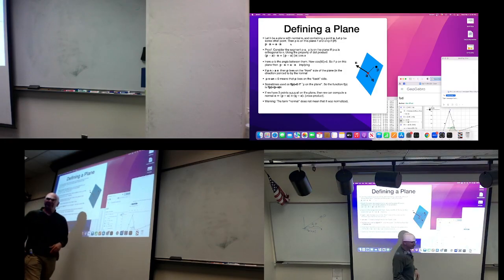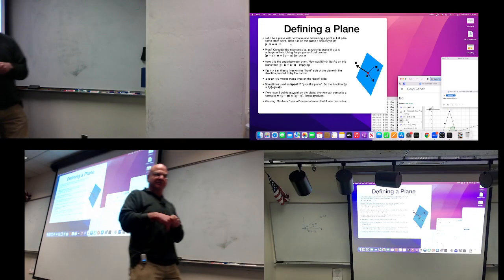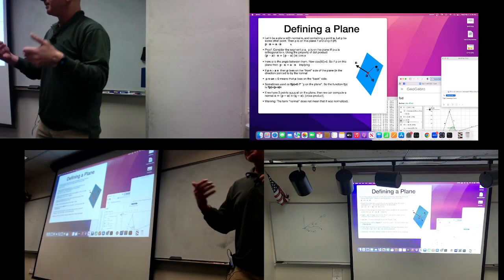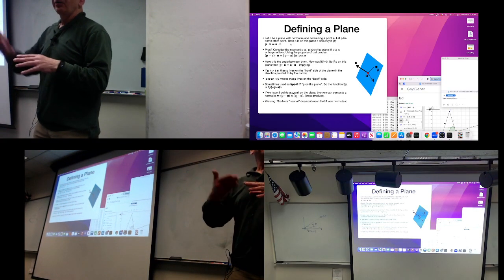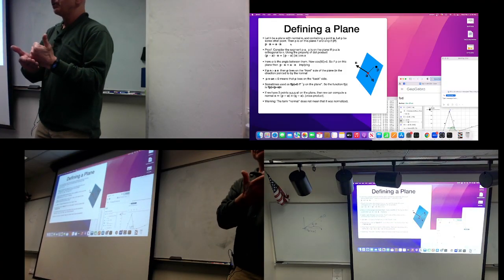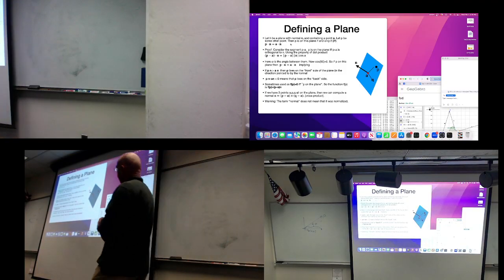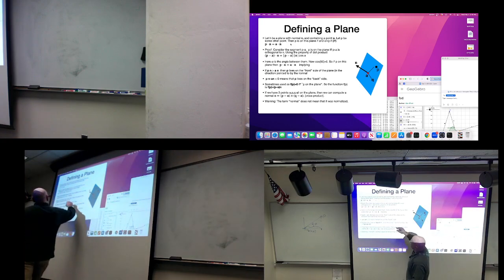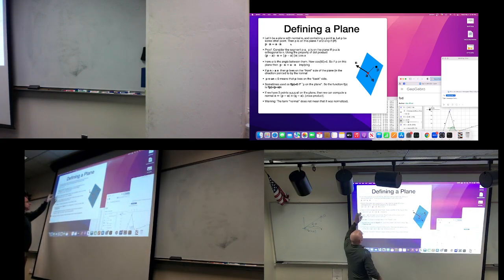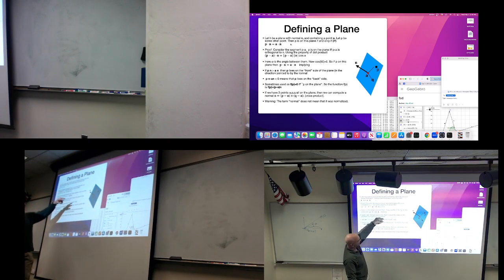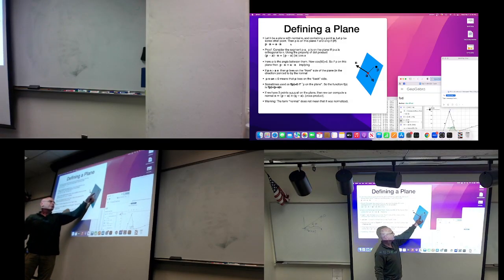If you don't believe me, go to GeoGebra and just type XYZ times the normal vector equals 0, and it will give you a plane that goes through (0, 0, 0), normalized. And the proof, we saw it on a line, the very same proof. Look at any two points, say Q and A. If they are both on the plane, then their dot product with n should be 0.